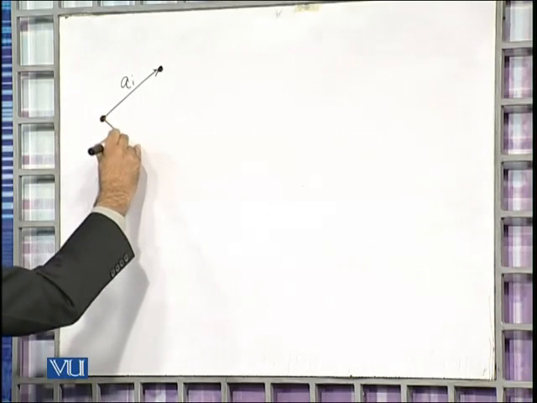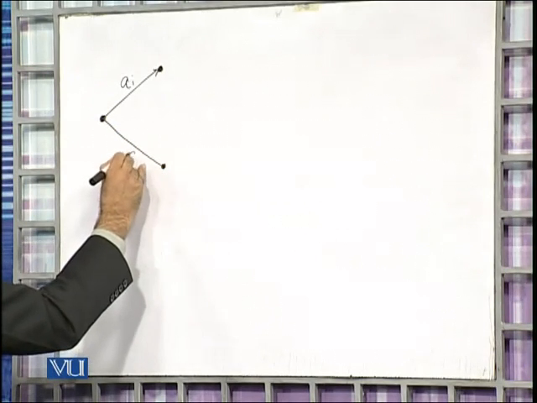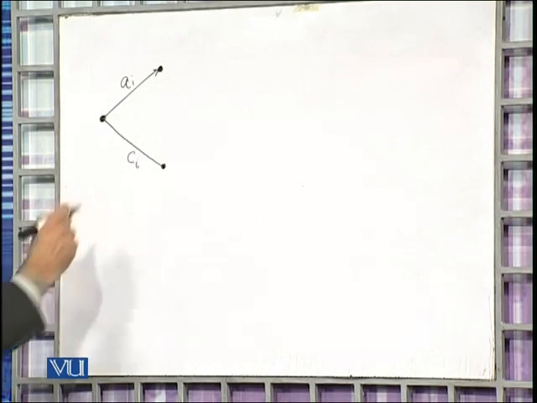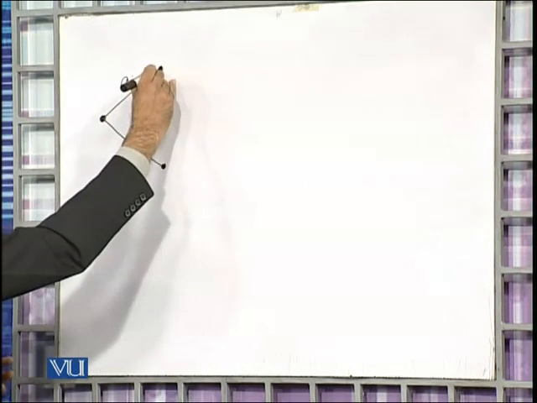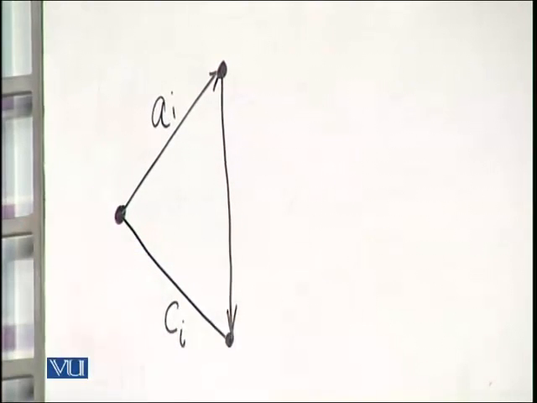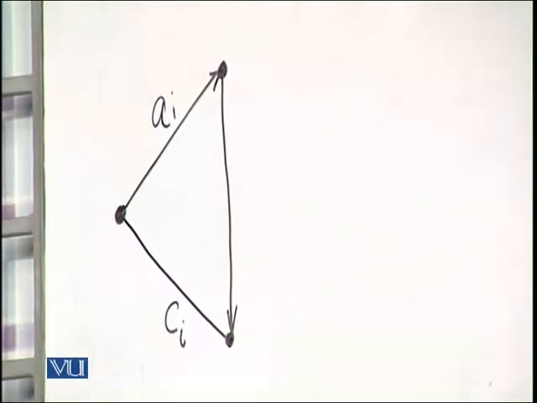Corresponding to that, we perform CI and we come to this point. Is there a correspondence between these two? Do we have a relation which takes me from AI to CI?